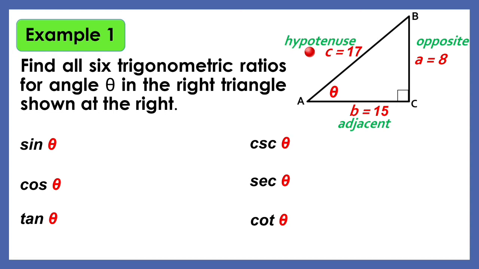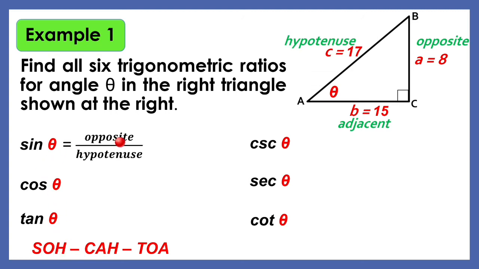Okay, so ito yung ating 6 trigonometric ratios: sine, cosine, tangent, cosecant, secant, and cotangent. Let's use the mnemonic. So, para sa tatlong functions, we will use the SOHCAHTOA. Sine theta is opposite over hypotenuse.